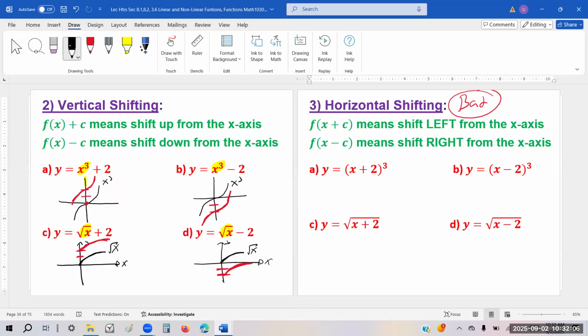So when you have a number inside the function, you go left, right, opposite direction. So plus 2 means which direction you have to go? To the left. You're supposed to go right because plus is on the right, but you don't. And minus 2, which direction? To the right. So if you get confused, draw your number line.